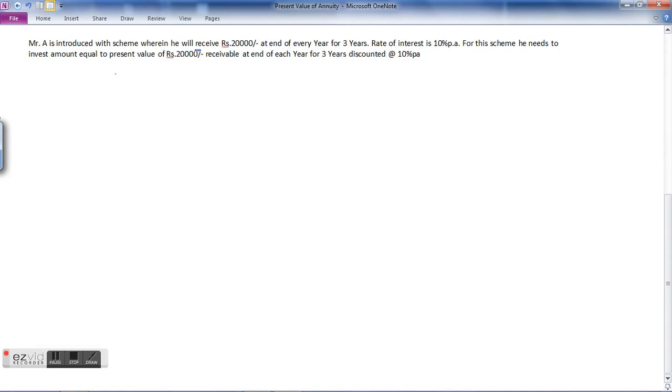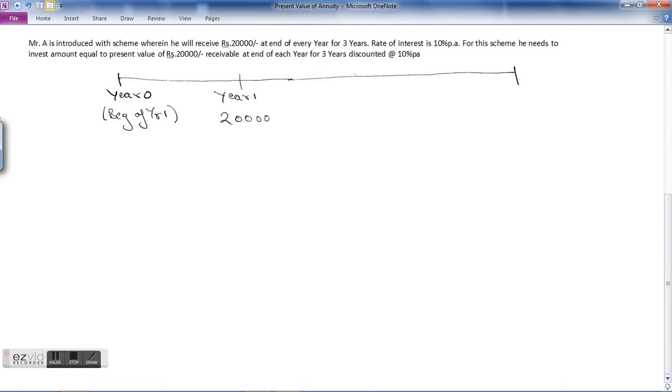So we'll prepare a timeline. We are at year 0 or the beginning of year 1. Now Mr. A will receive 20,000 at the end of year 1, then 20,000 at the end of year 2, and 20,000 at the end of year 3. What we need to find out is how much amount Mr. A needs to invest.